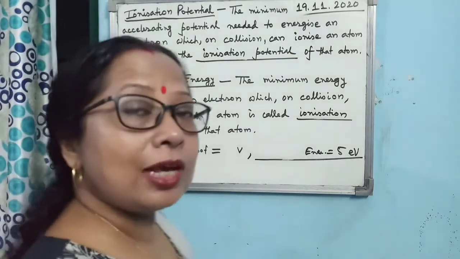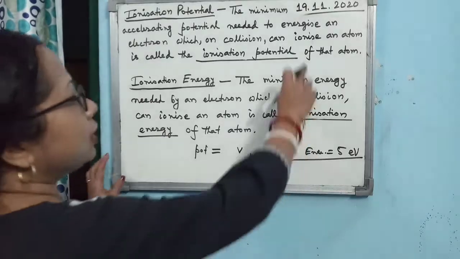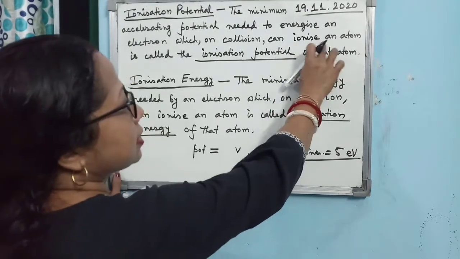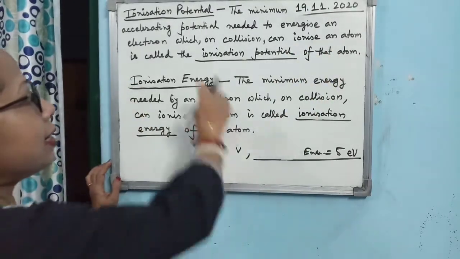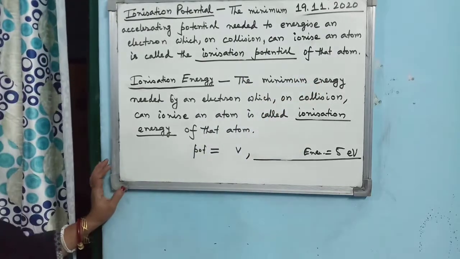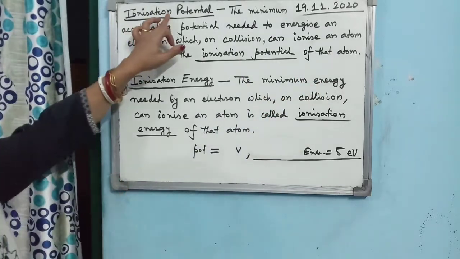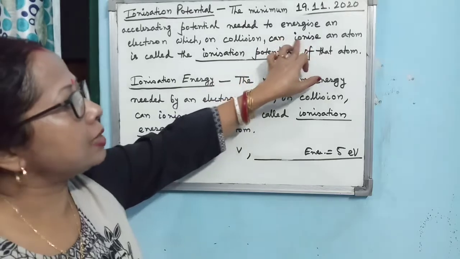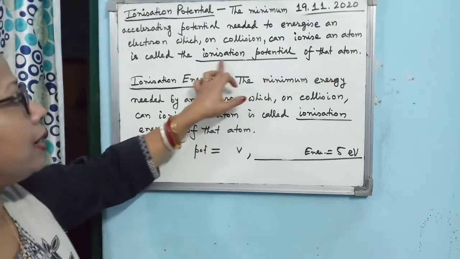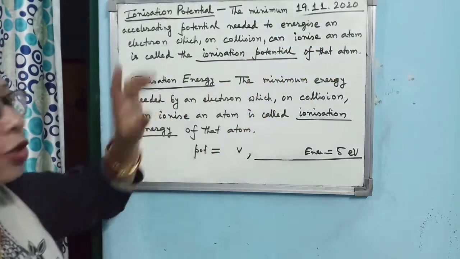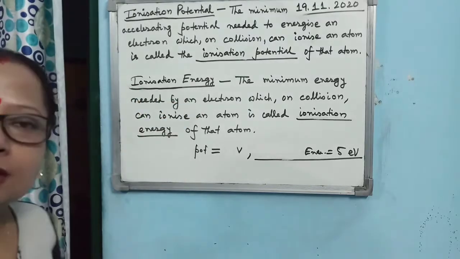If you observe cleverly, I have just changed the term: instead of excite it is ionize, and then it has become the ionization potential. When it is excitation potential, in place of ionize you have to write excite. So like that, what will be the ionization energy?